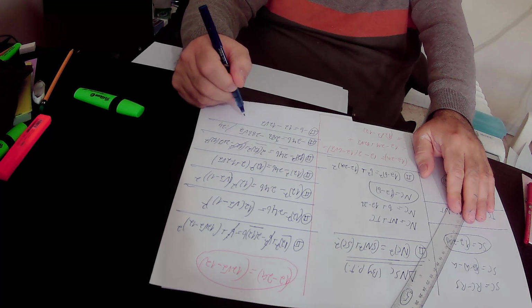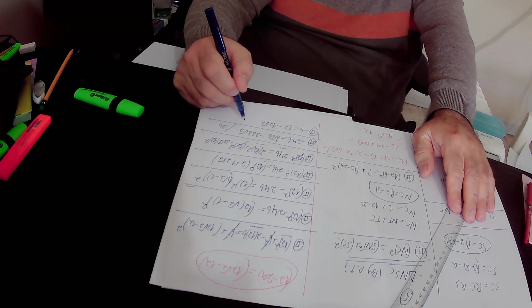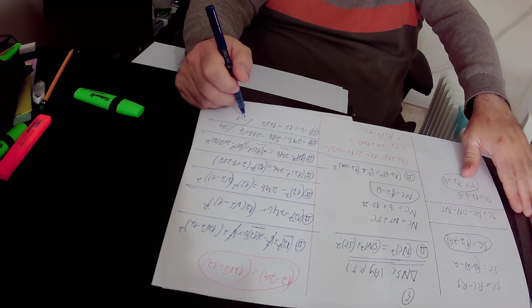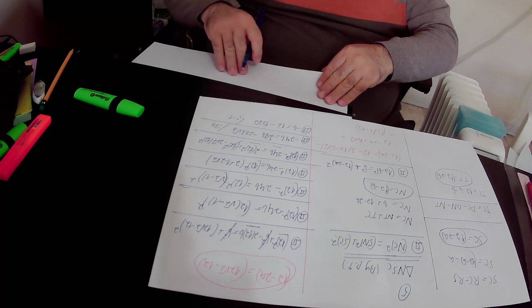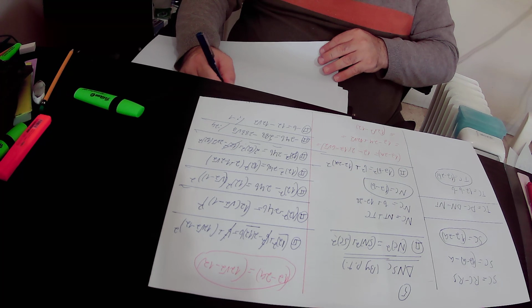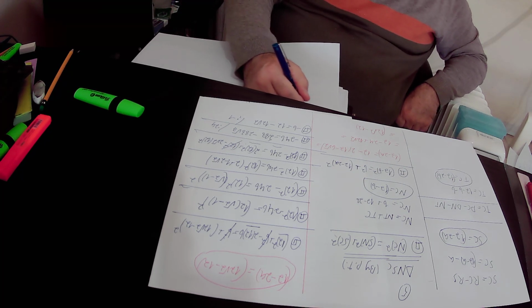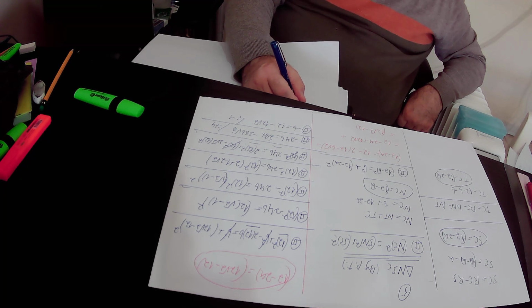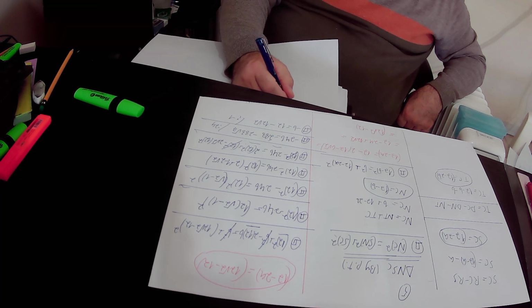We will multiply equation number 2 by minus 1, and we will get that according to equation number 2, b equals to 12 times square root of 2 minus 12.